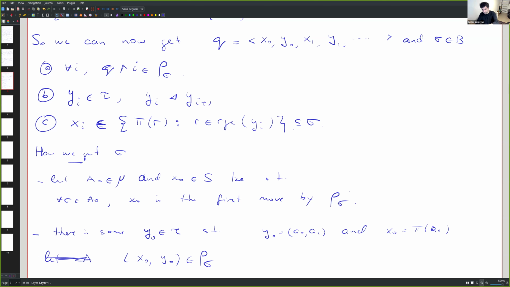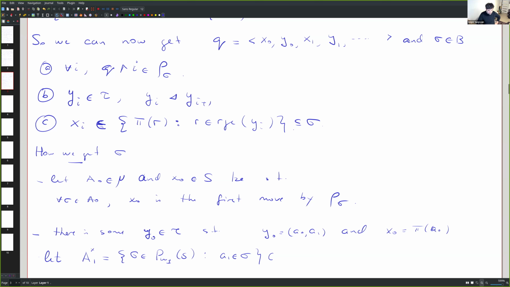So what we need to do is pick a set that contains A1, but that's where fineness comes in, right? So we say, let A1 now be the set of all sigma in P omega 1 S such that this little a1 that we played belongs to sigma. So this is measure 1.